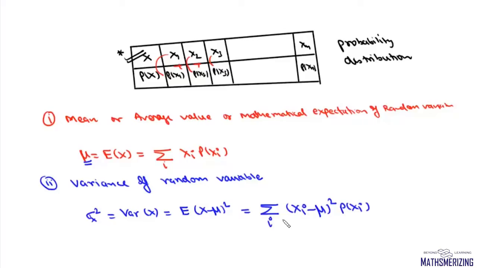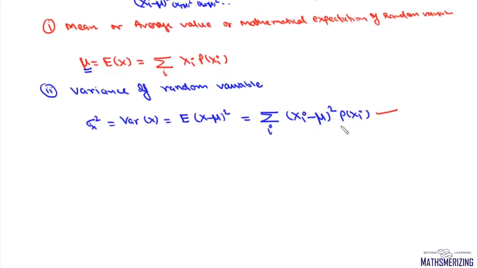So if we have to find its variance, one method is to make another column which is (xi minus mu) square, and then write corresponding entries (x1 minus mu) square, (x2 minus mu) square, and (xn minus mu) square, and simply multiply it with its probability and add them to find the variance of this random variable.